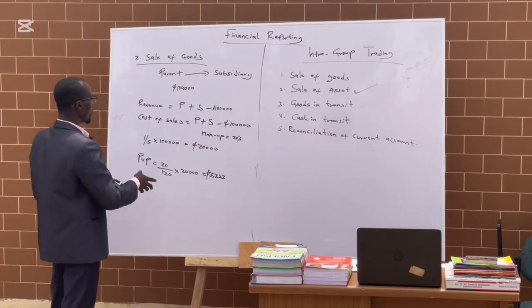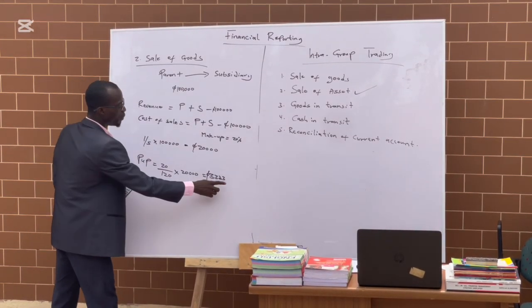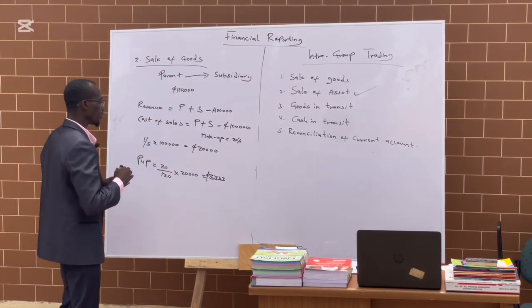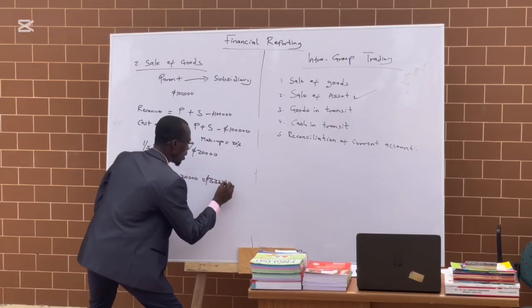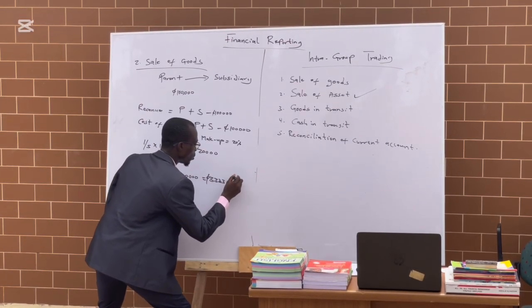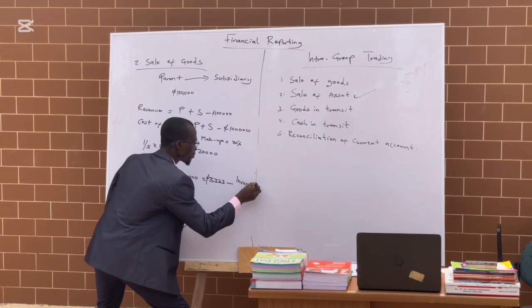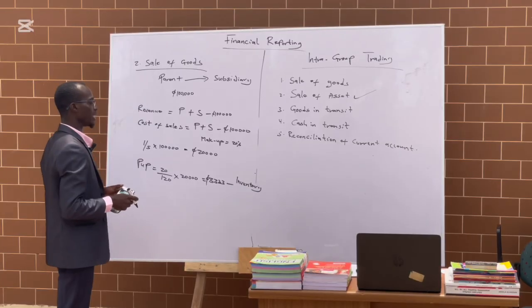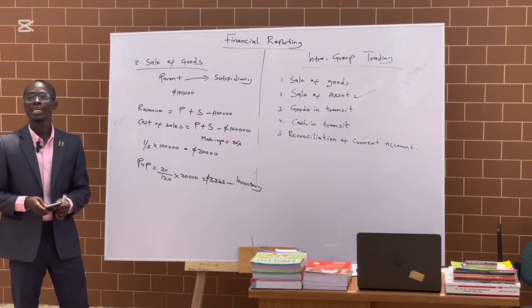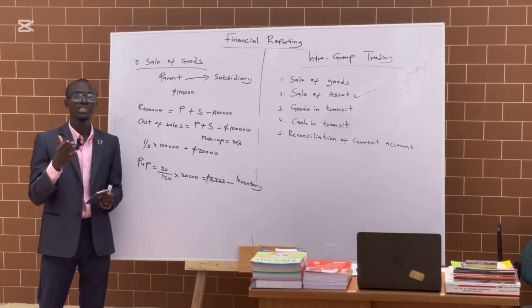So when you get the PUP, you are not done. This same figure was supposed to be subtracted from inventory. So you need to go and subtract it from inventory when you are doing the group consolidated statement of financial position. You subtract the 333 from inventory, because IAS 2 is inventory.